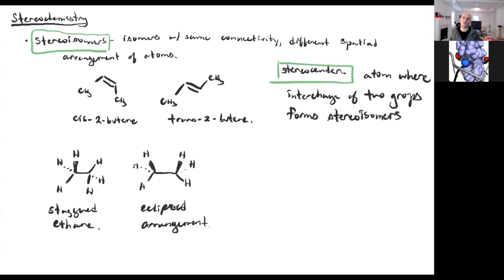Okay, and so for example, the carbon atoms in both of these alkenes are what we call stereocenters. If I exchange or interchange two of the substituents, the terminal hydrogen and the methyl group on any of those carbons, I generate a stereoisomer. I go from cis to trans. And so those are by definition then stereoisomers, okay?